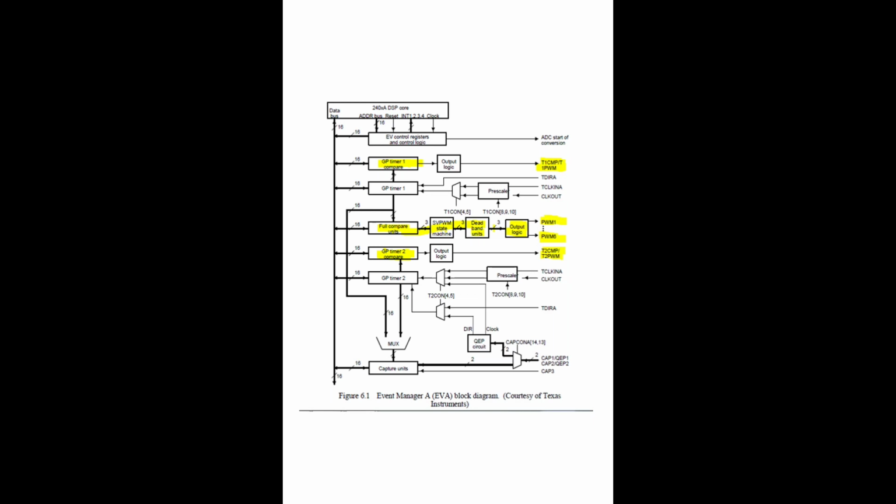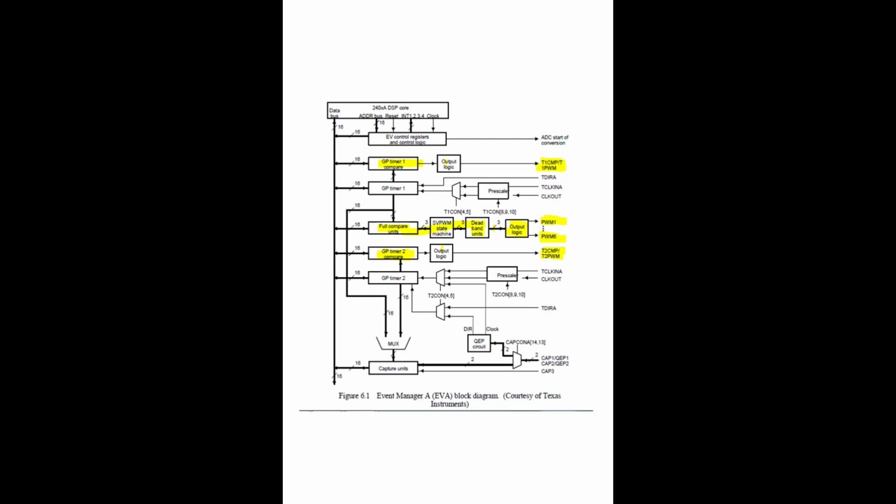So with the help of output logic, you can activate or deactivate the signal generated by the full compare unit. Similarly, here also the output logic is used to activate or deactivate the output, whether it comes outside or not. Here also the timer 2 output can be controlled with this.